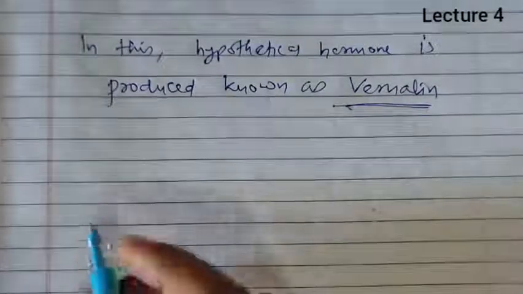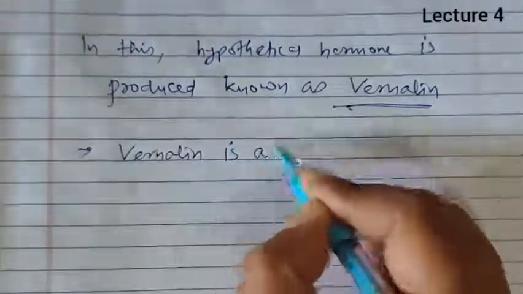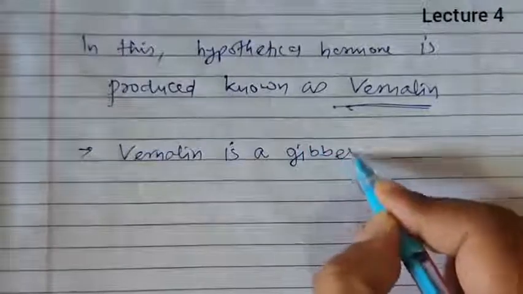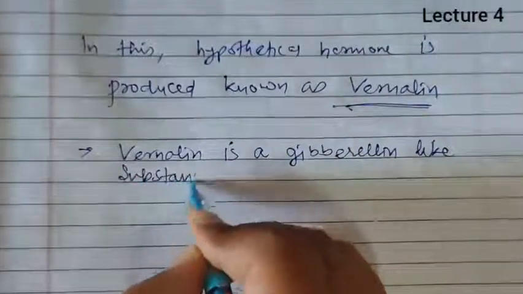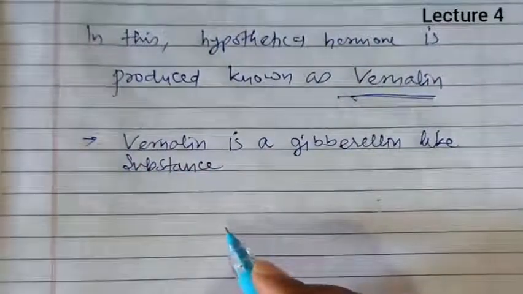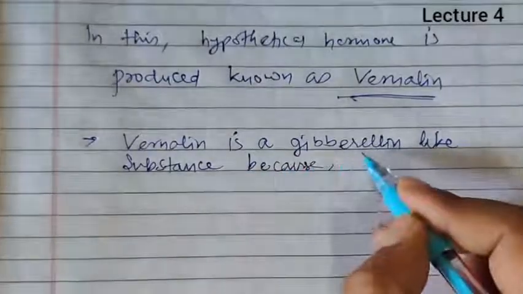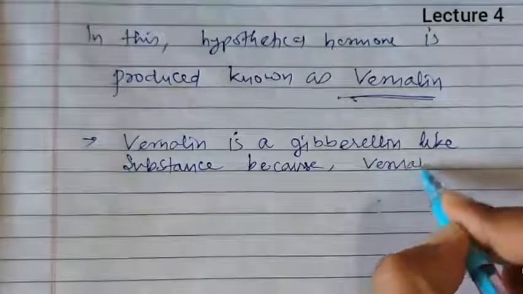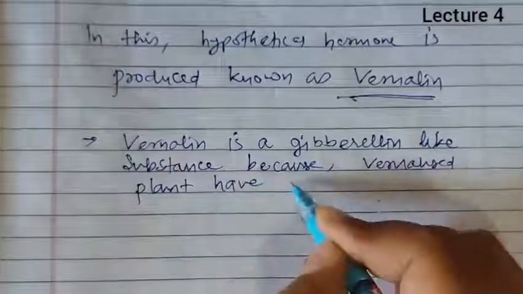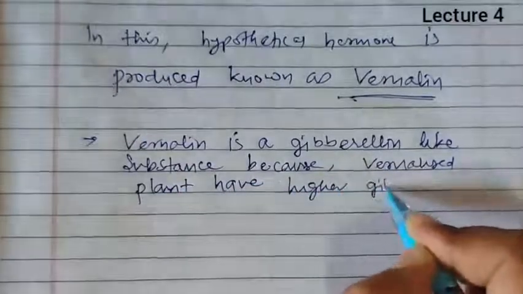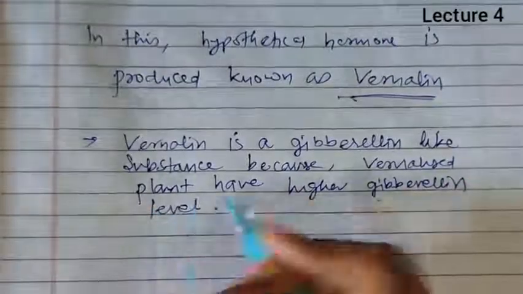And it is now believed that vernalin is a gibberellin-like substance because vernalized plants have a higher gibberellin level.